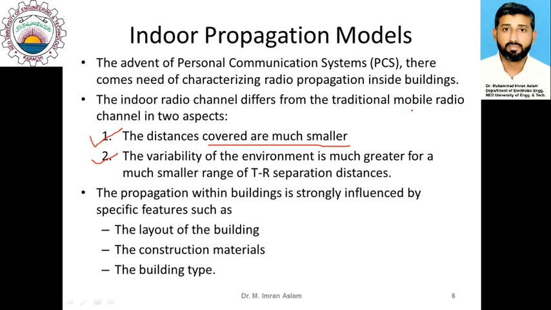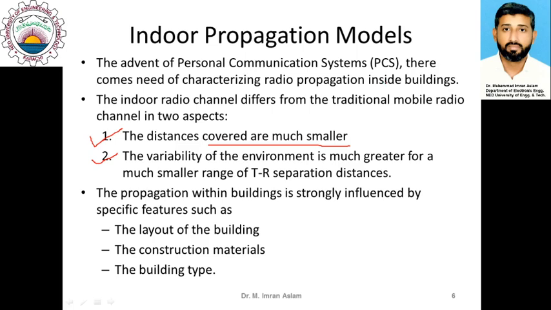For example, if you are talking about propagation between two rooms, whether the door between two rooms is open or not significantly changes the behavior of the propagation. For open doors, you may have a line of sight communication with significantly smaller loss, and when the door gets closed, in that case you may get significantly larger loss.